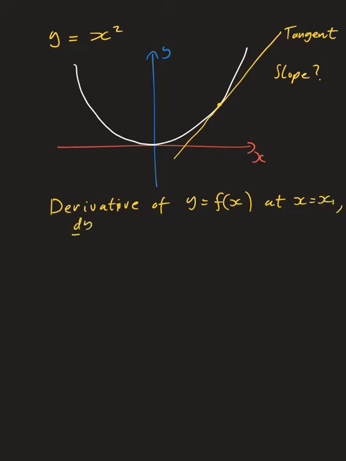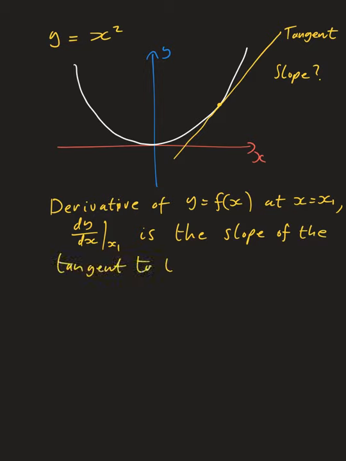So the derivative of y equal to f of x at, say, some point x equal to x1, I might write that down as dy dx at x equal to x1. I say that's the slope of the tangent to the curve at that point. Well, the slope of the tangent is defined exactly the same way as we talked about slope for straight lines.